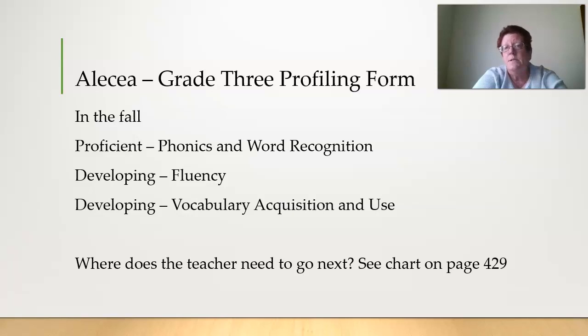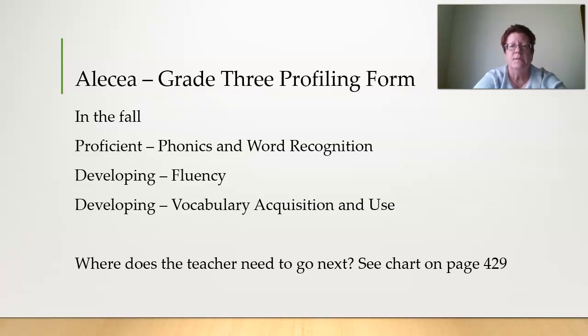So what kind of work would I do? You can look at the chart on page 429 of your text that gives you lots of ideas, but there are plenty of things that you could do with Alicia. You could target some fluency exercises with her. Can she do some 1-minute fluency testing periodically to see if she's making progress?